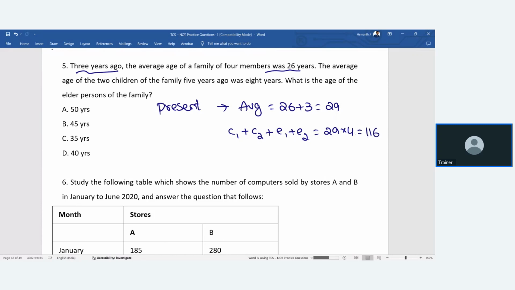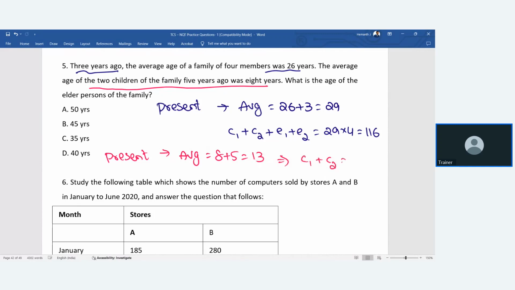Next, the average of 2 children 5 years ago was 8 years. Now the present average of 2 children will be 8 plus 5, 13 years. So from that, C1 plus C2 is 2 into 13, 26.